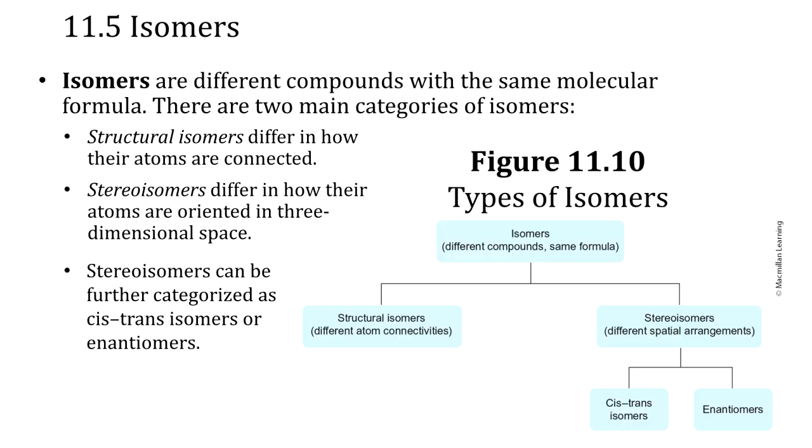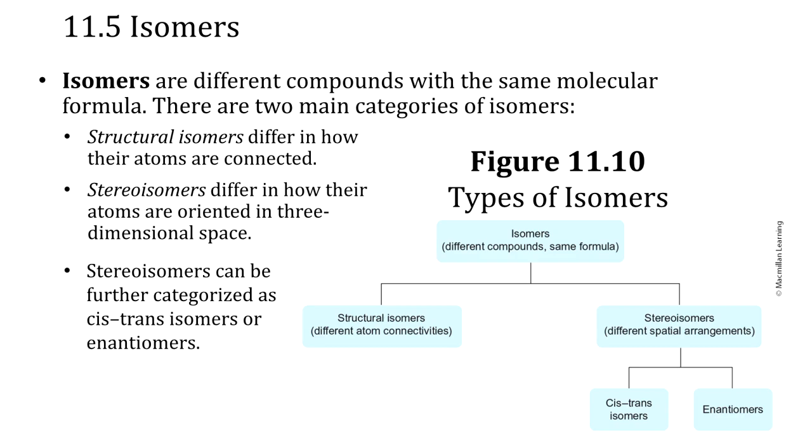Isomers are different compounds that have the exact same molecular formula, but there's something different about their structure. So there are structural isomers. That just means that the atoms are connected in different ways. And so a branched alkane versus a linear alkane that has the same formula would be a structural isomer.